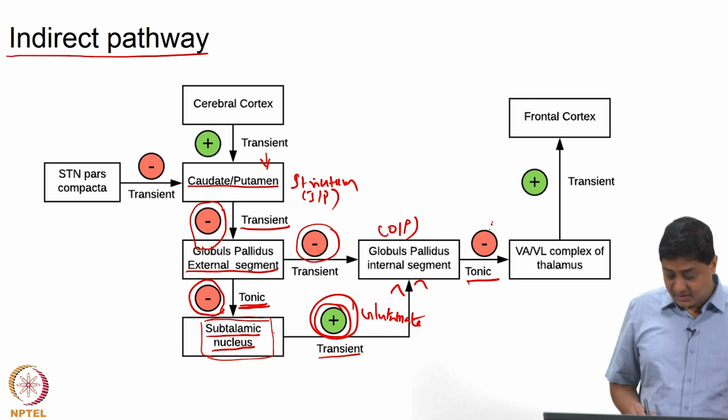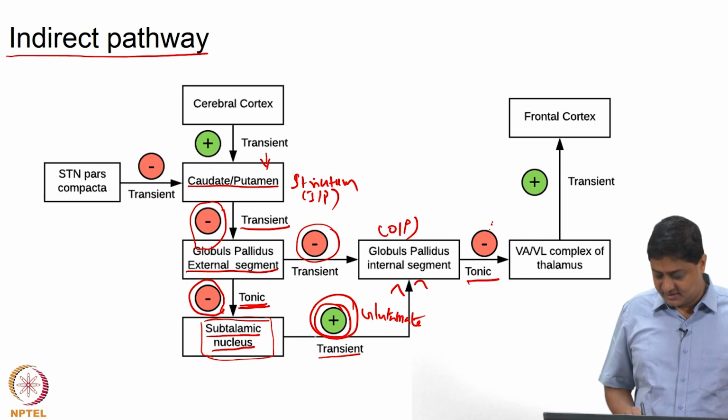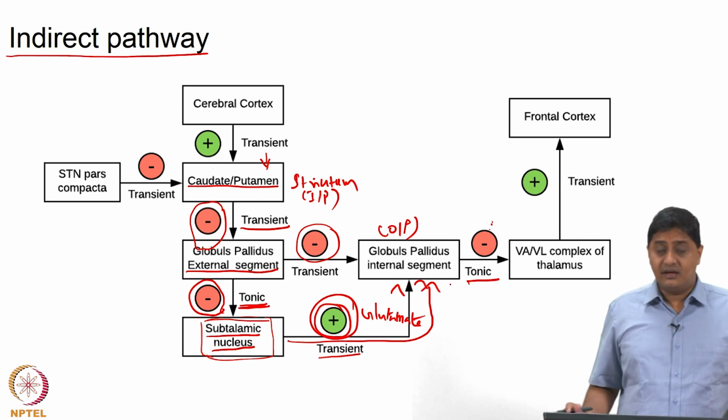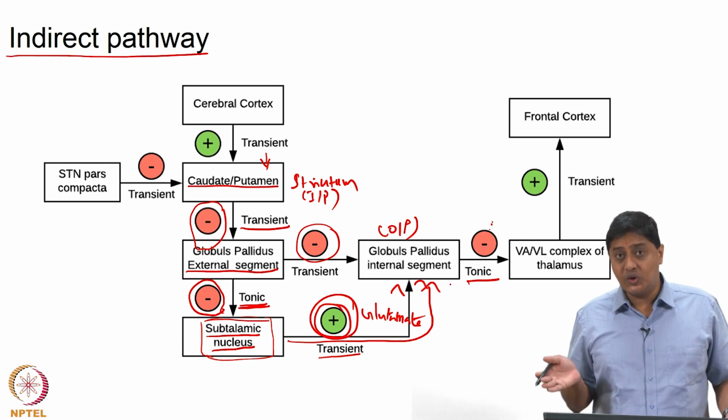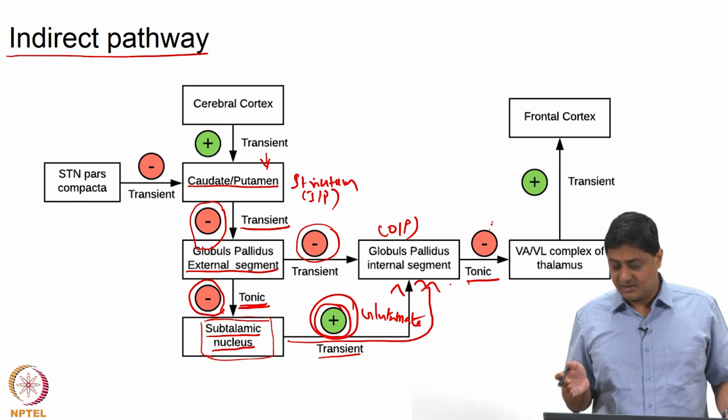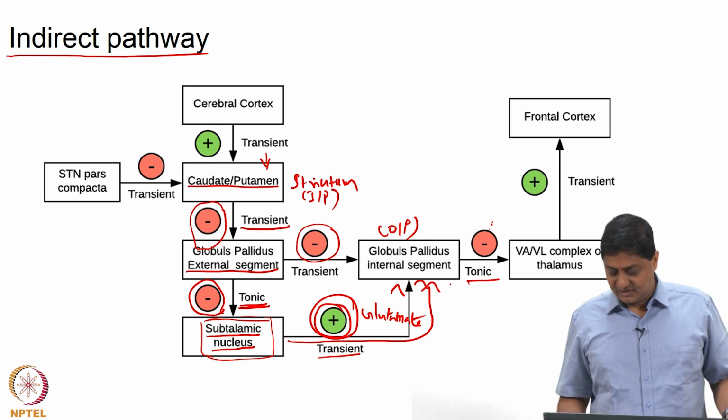That means the probability or the excitation level of the subthalamic nucleus increases, essentially then increasing the input to the globus pallidus internal, and that is not an inhibitory input, that is an excitatory input, essentially increasing the tonic inhibitory level provided by the GPI to the VA VL complex.